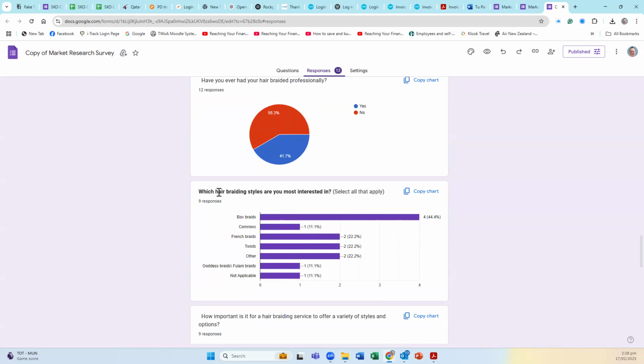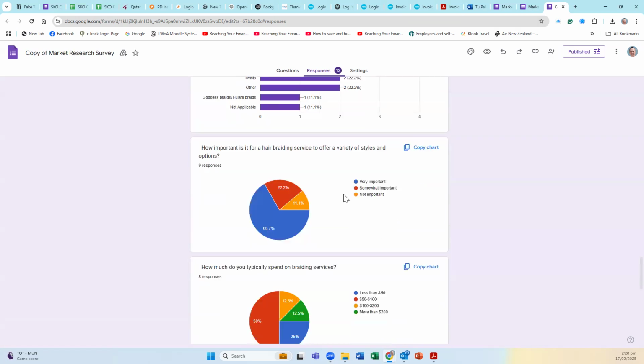So this one here: which hair braiding styles do you like the most? 44.4% said they preferred box braids. And then you can say 22.2% preferred French braids, twists, or other. So that's what you do, just interpret what the graph is saying. In this case, 66.7% of those who responded felt it was important for a hair braiding service to offer a variety of styles and options.